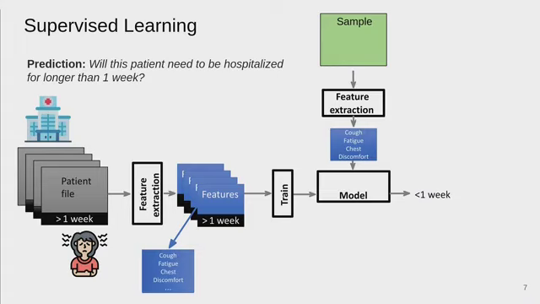And we know for a fact, if you look at past data, how long these people were then hospitalized. We can train a model, and then for a sample, again, we can extract features, analyze it, and then project if this user will be hospitalized for a week, 2 weeks, a month, or so on.